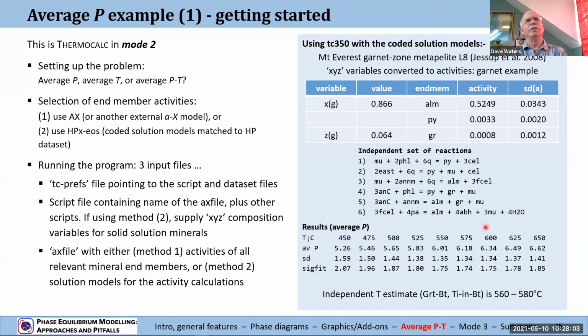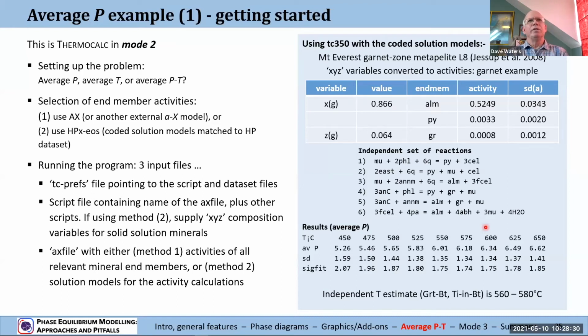The other way is to directly use the coded solution models, in which case you'll need to turn your mineral analysis into something that can be represented in the X, Y, Z parameters. So in running the program, again, 3 files, essentially the same files that you might use for phase diagram calculation, but they've got slightly different functionality. There's the preferences file that points to the files you're going to use.